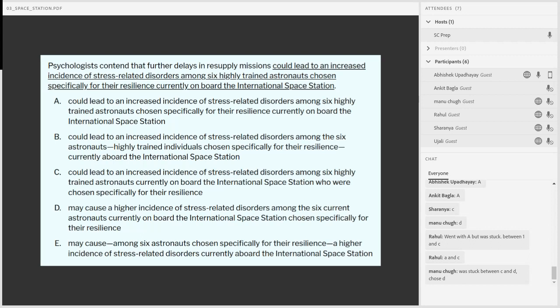And I will eliminate option D because the phrase "chosen specifically for the resilience" is misplaced. It should be near the astronauts. It is not the space station which is chosen. The astronauts are chosen. Got it.